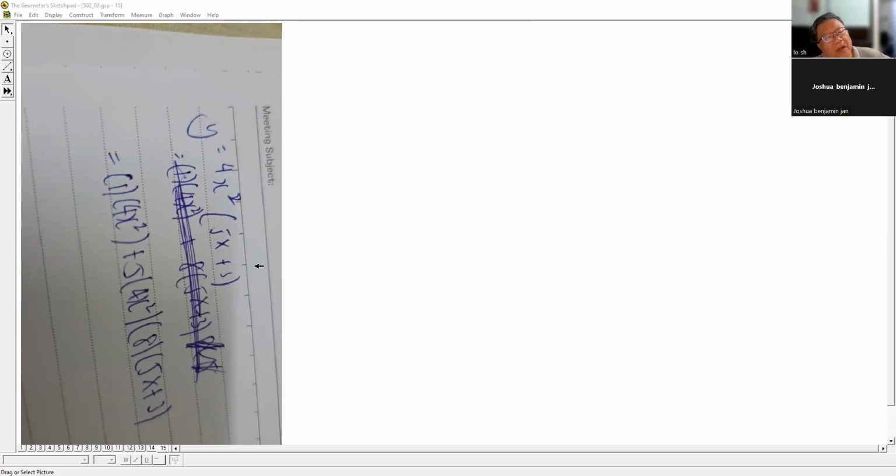This one is product rule. Differentiate. This is 4x squared. You differentiate this, you get 5.